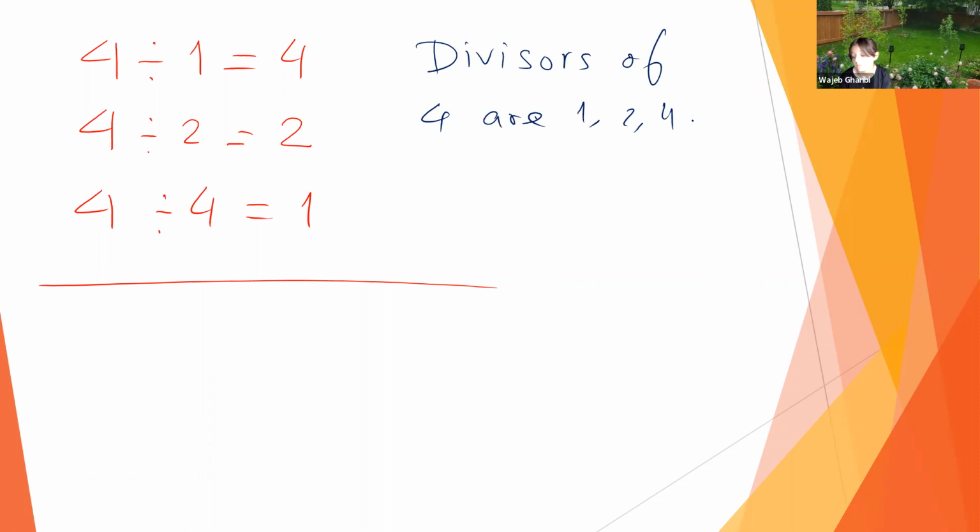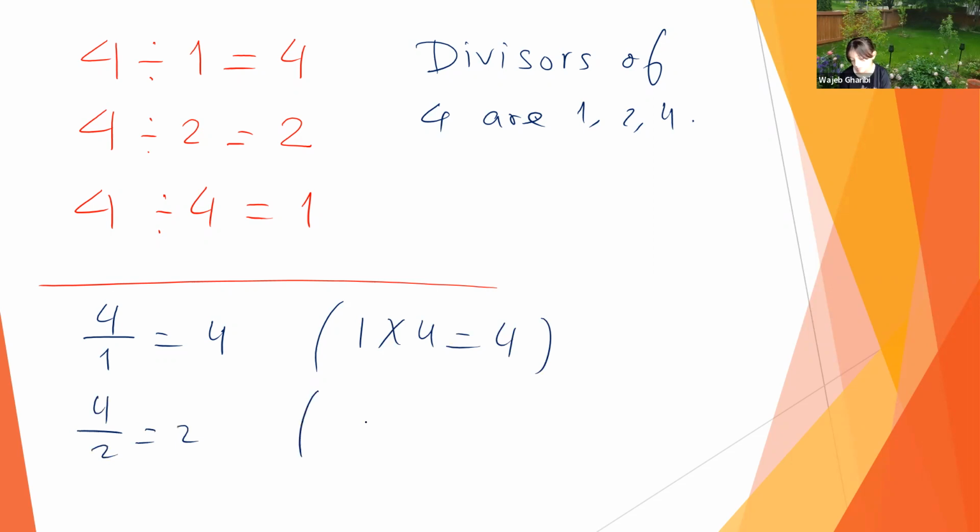We can write: 4 divided by 1 equals 4, or 1 multiplied by 4 equals 4; 4 divided by 2 equals 2, or 2 multiplied by 2 equals 4; and 4 divided by 4 equals 1, and 1 times 4, or 4 times 1 equals 4.